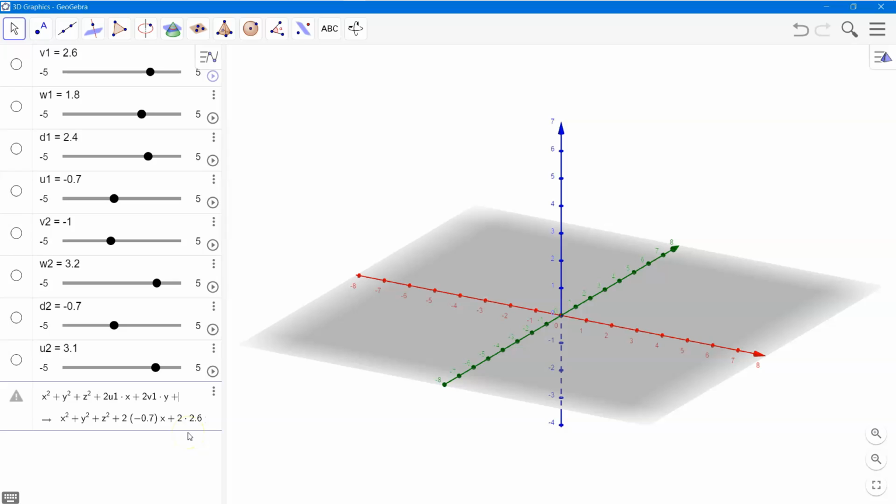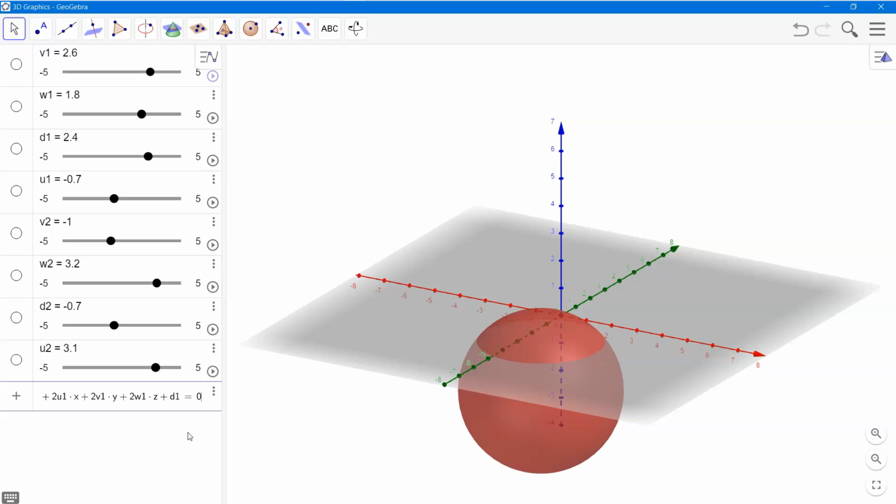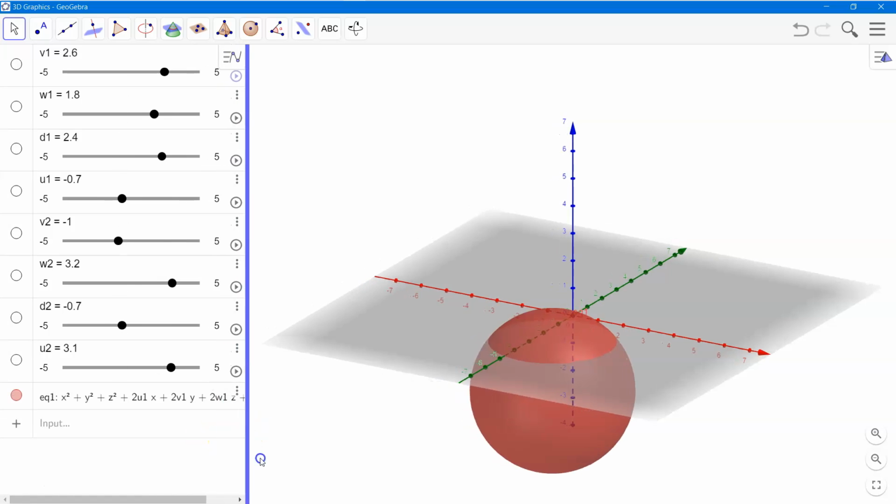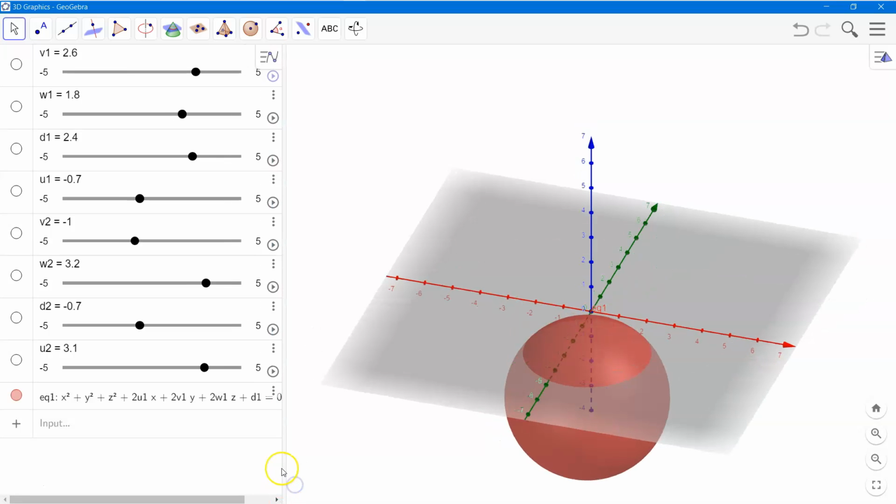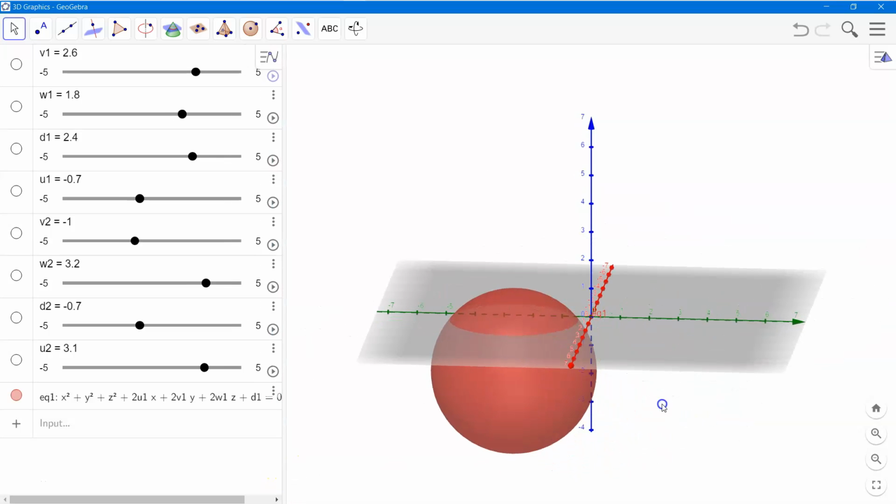Okay, plus 2w1 times z plus d1 is equal to 0. So we got the first sphere, right? Later on we will increase the graph space.